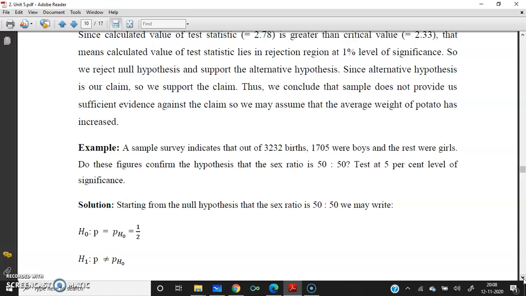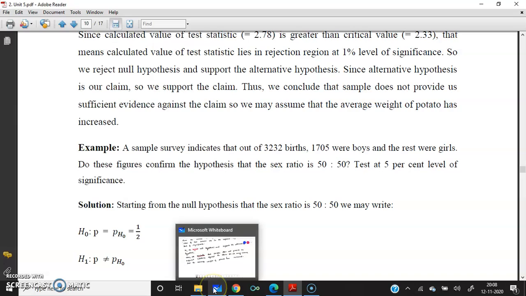Do these figures confirm the hypothesis that the sex ratio is 50:50? Test at 5% level of significance, right? Ratio is asked, so it is population proportion. So here the question asked is population proportion.